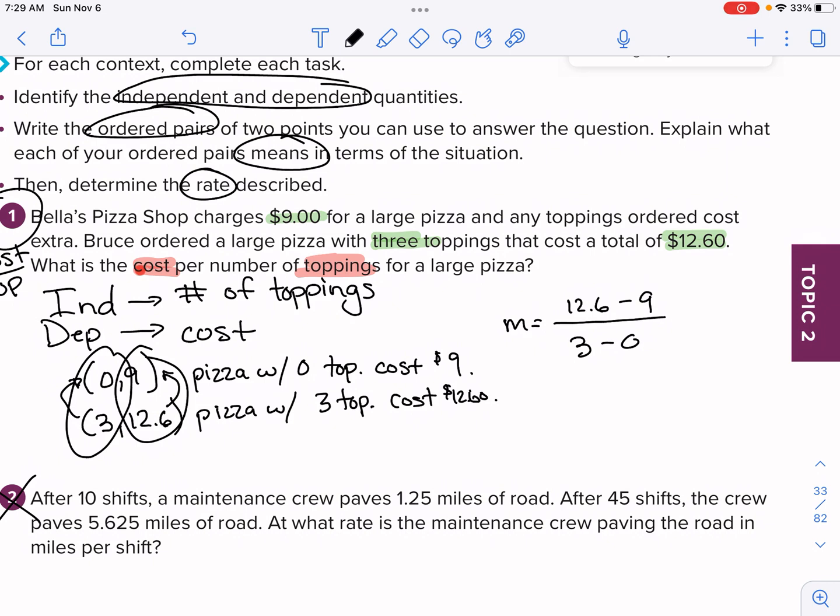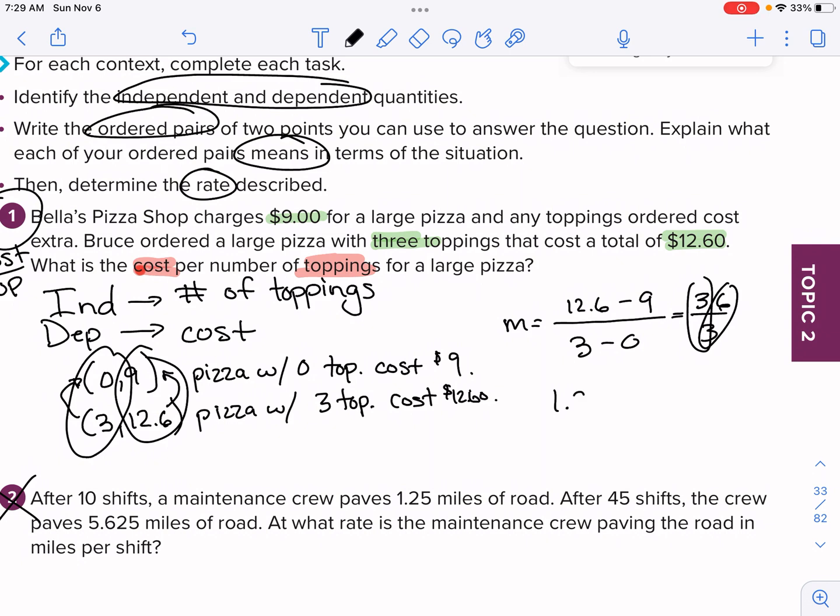Anyways, what's 12.6 minus 9? Well, what's 12 minus 9? 12 minus 9 is 3. I got that 60 cents on top of it. So it's 3.6. And then 3 minus 0 is 3. Now this, we can do some mental math here. We're not going to use a calculator. How many times can 3 go into 3? It's 1. And then how many times can 3 go into 6? That's 2.